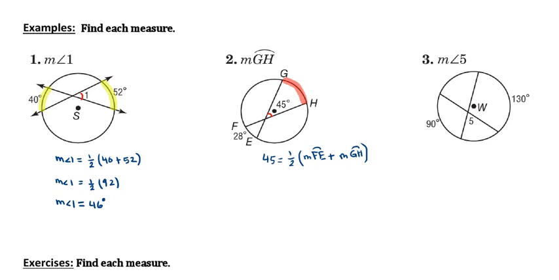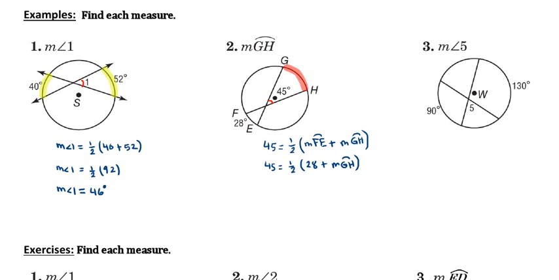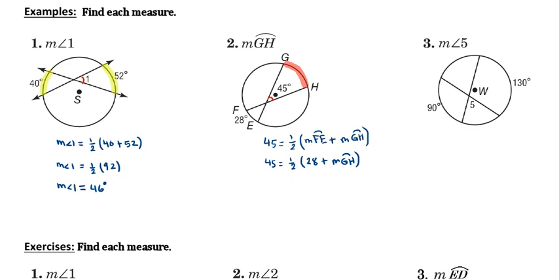And we know the measure of arc FE, that's 28, so I can substitute that. So 45 is equal to 1/2 times 28 plus the measure of arc GH, or if you prefer, you could use a variable. Now we have this equation which needs to be solved, and we have to remember that multiplying by 1/2 is the same as dividing by 2.